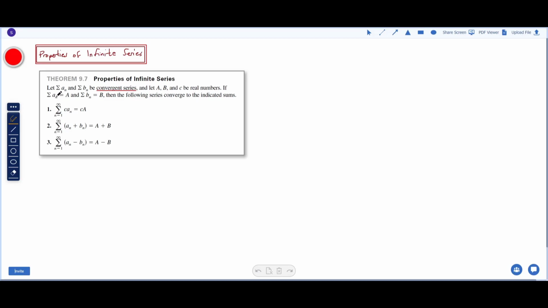If the sum of a sub n is equal to A and the sum of b sub n is equal to B, then the following series converge to the indicated sums. So the sum of a sub n converges to A, which means if you multiply by a scalar multiple, then your sum is going to converge to the multiple times capital A.